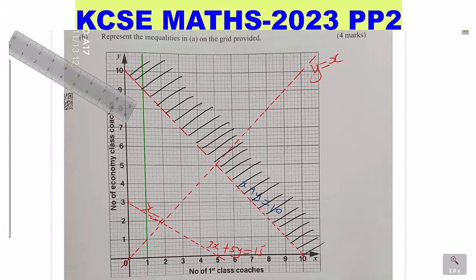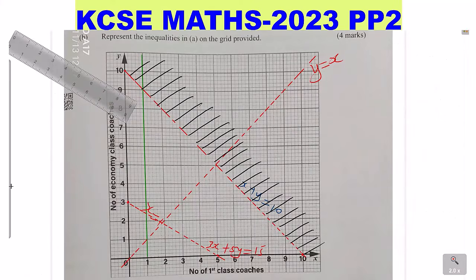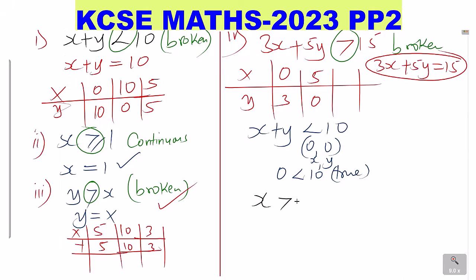Let's go to the other line. Line number 2, x is greater than or equal to 1. X is greater than or equal to 1 is this line. Greater than 1 lies on this side. So this side is the one that is going to satisfy that inequality. Any point that we pick on this side has x greater than or equal to 1.